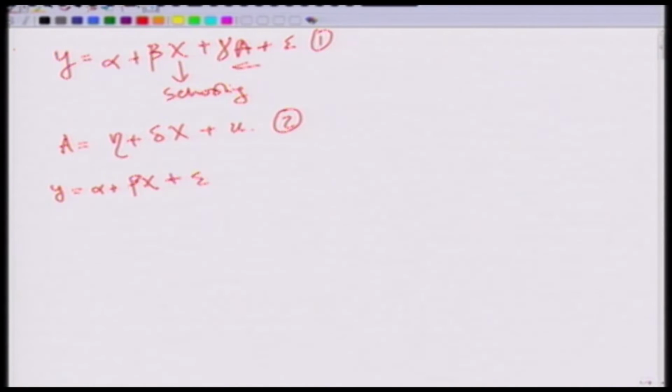So what we are asking over here is, if we omit ability in this regression, then what is the problem in the estimation of beta? This is the observed equation, or the observed relationship.